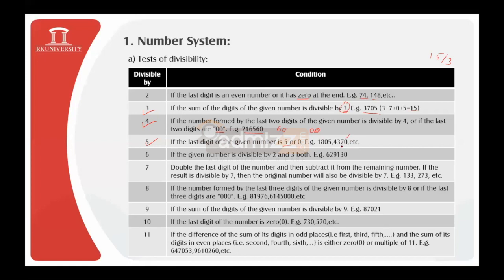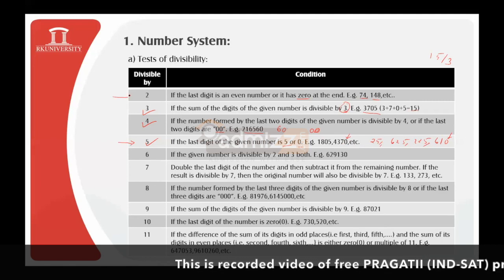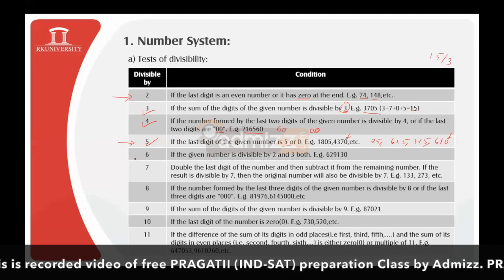At that time, the number is divisible by 5. 25, 625, 225. You can see here 555 or 610. This is 0 or 5. Then number is divisible by 5. This is easy and all of you know very well divisible by 5 and divisible by 2.